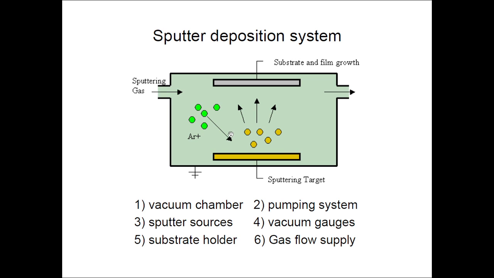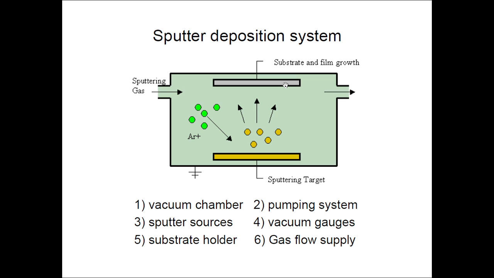This argon will be ionized once you apply voltage in the chamber, and it is directed towards the cathode, that is the sputtering target. It hits the sputtering target and removes atoms from it, and the sputtered atoms are deposited on the substrate which is placed above. Okay, and the film growth will take place.